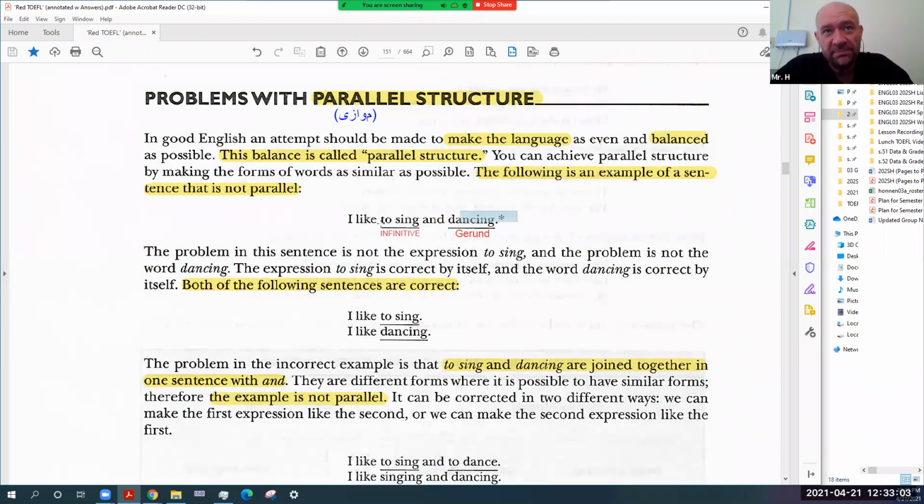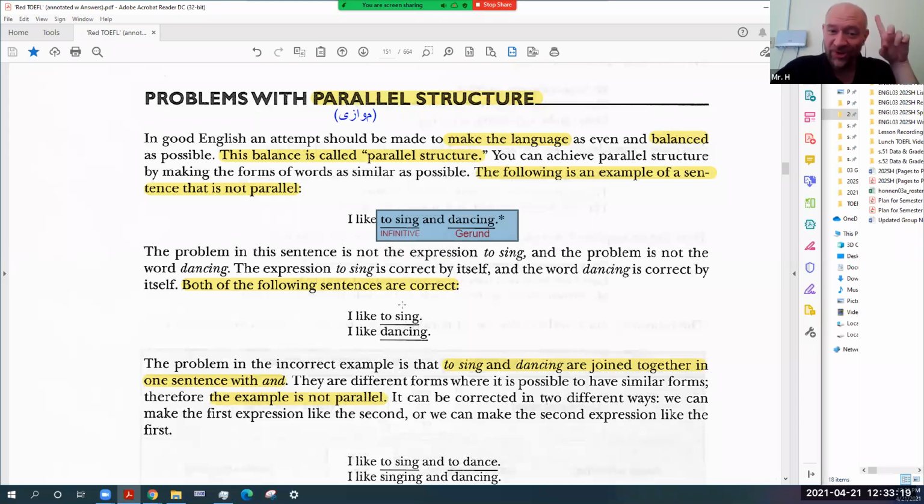But when you join them, there's a problem. No balance, okay? This is not parallel. If you put the infinitive plus a gerund together like this, it is not parallel.